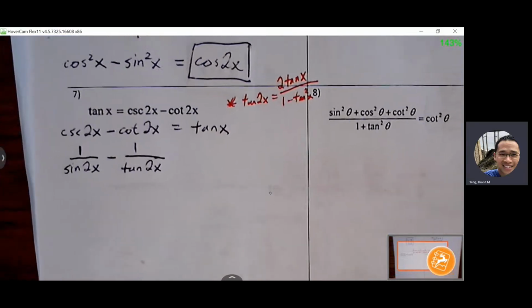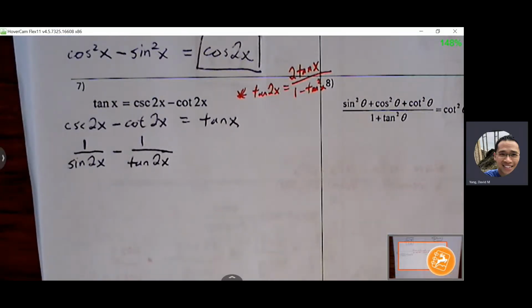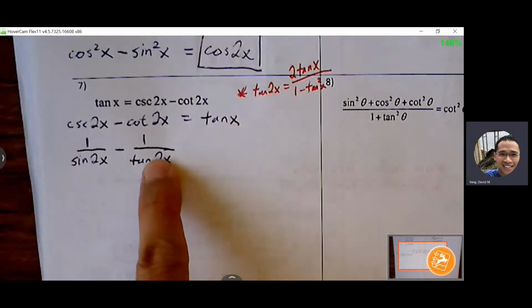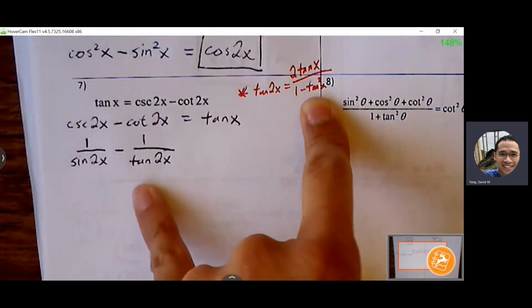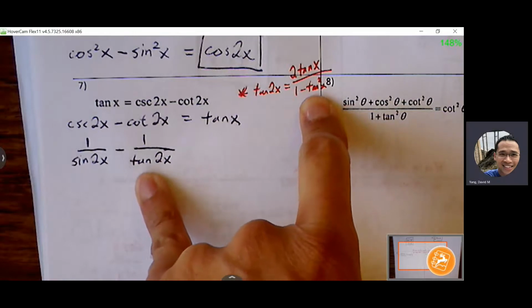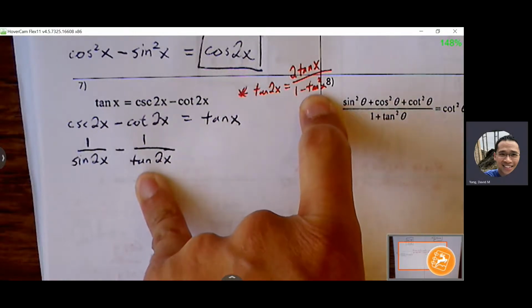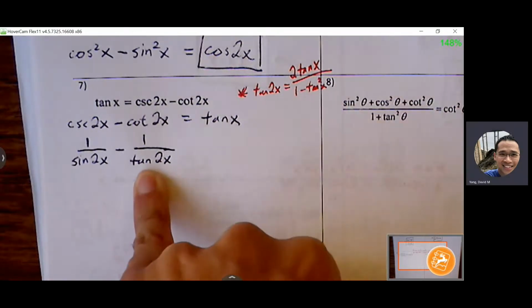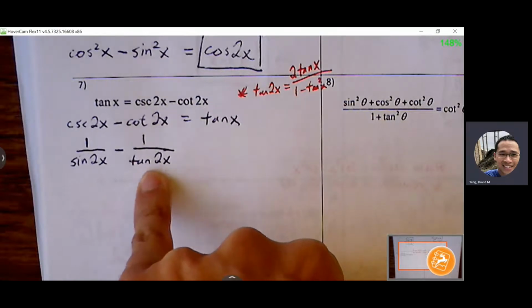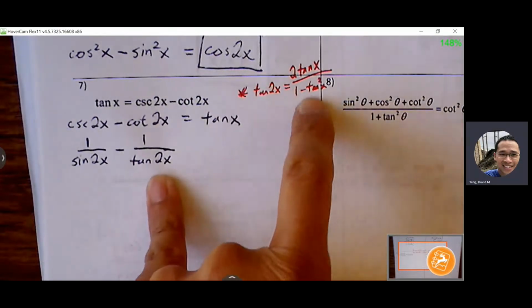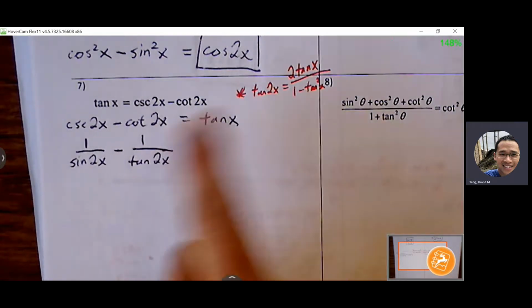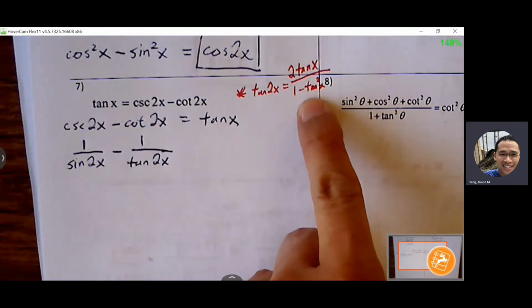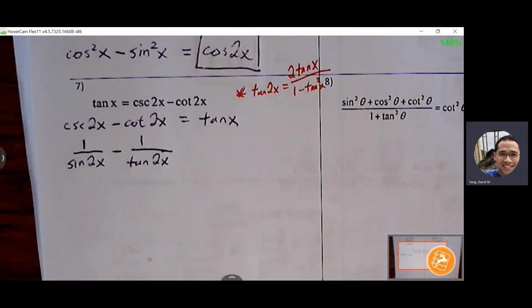Sine of 2x is just 2 sine x cosine x. Tangent of 2x is 2 tangent x over 1 minus tangent squared x. Is there a quick way that we can get this in the right place? Yeah, let's just flip it, right? Rather than putting in a complex fraction, we know that if I want 1 over tangent x, I just want a flipped version of this. So I just want the 1 minus tangent squared above and 2 tangent x below.